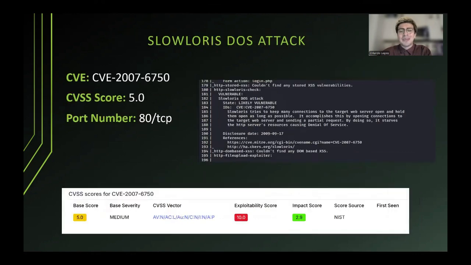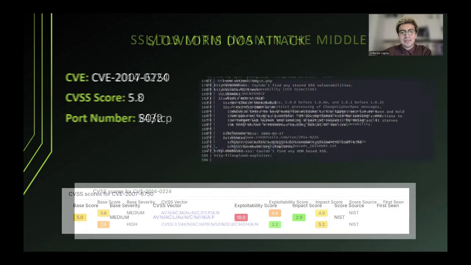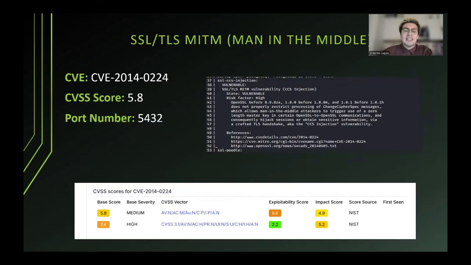Here we have the Slowloris DOS attack. We have the CVE number listed here, the CVSS score, which is 5, and the port number it's located at, which is 80. And here we have the SSL/TLS MITM or man in the middle attack. We have the CVE number listed here, the CVSS score, which is 5.8, and the port number, which is 5432.